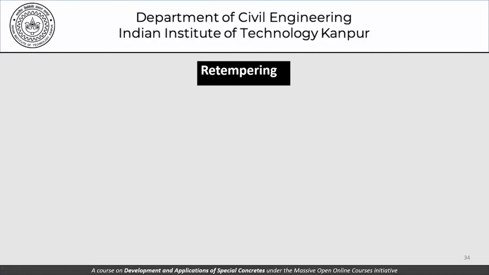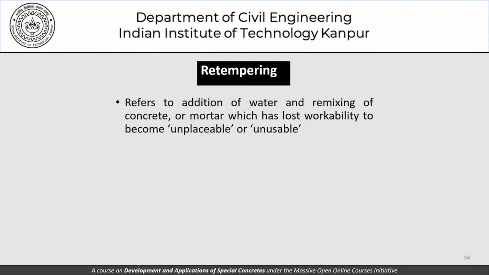Moving on to the next step in the construction process, which is retempering. This refers to addition of water and remixing of concrete or mortar which has lost workability to become unplaceable or unusable. In the previous slide also there was a mention of some water being used at site, provided that addition of water does not lead to the water becoming more than the maximum permissible limit.